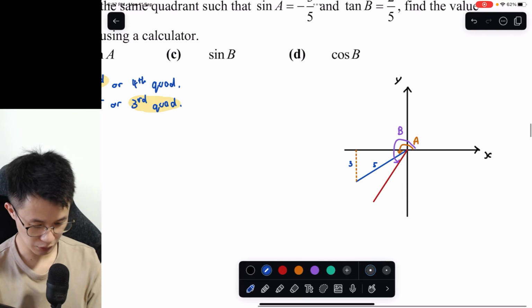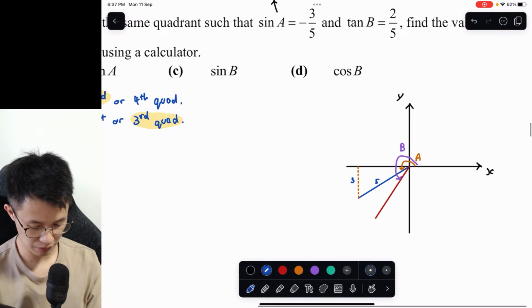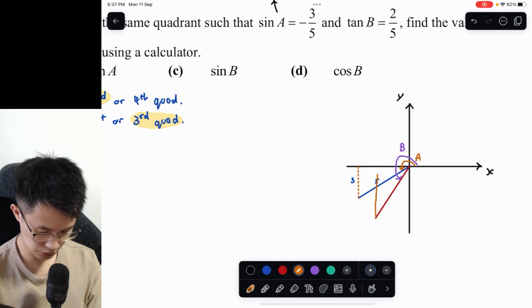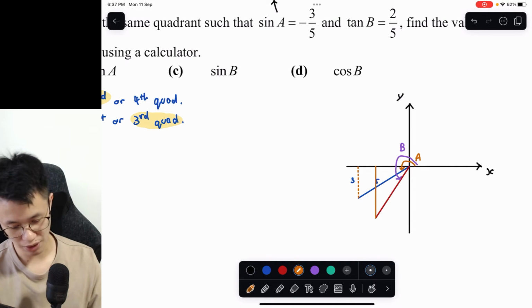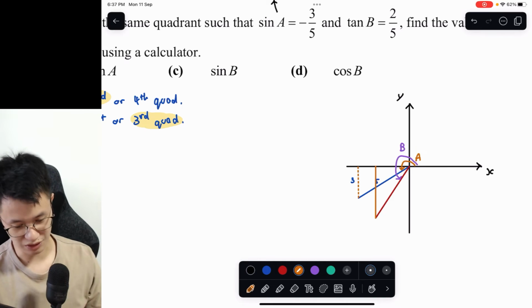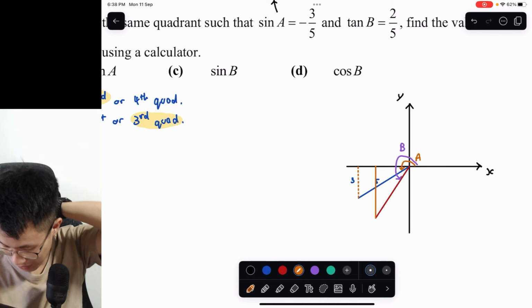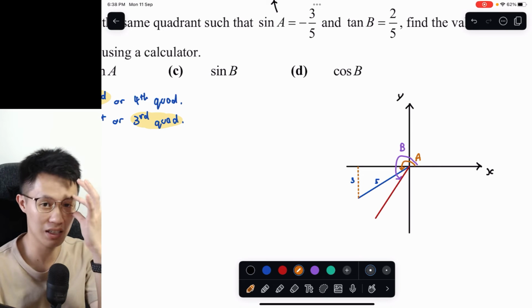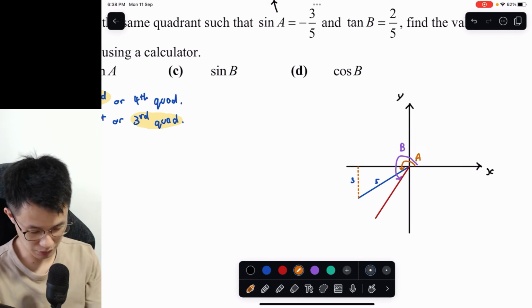Now for tangent B, we have this one over here. I may have drawn wrongly in terms of the length. The length doesn't make sense. Why does my drawing not make sense?